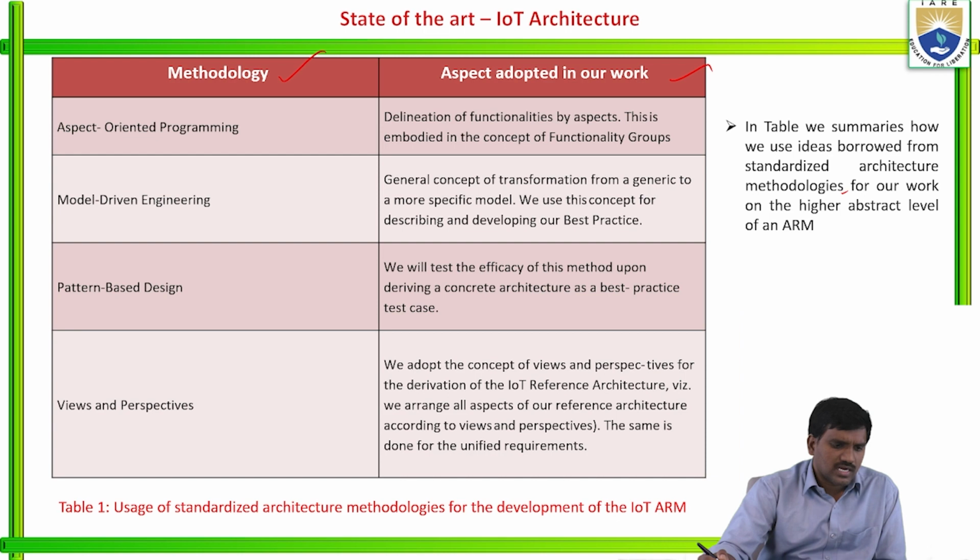Here, the first methodology is aspect-oriented programming, for the declination of functionalities by aspects. This is embedded in the concept of the functionality group. So our work is based on aspect-oriented programming, like functionalities by aspects.